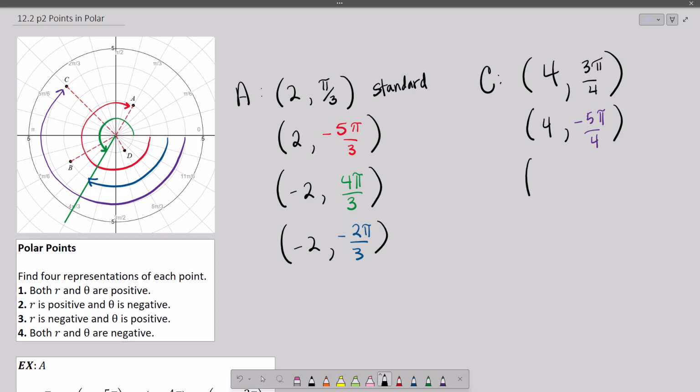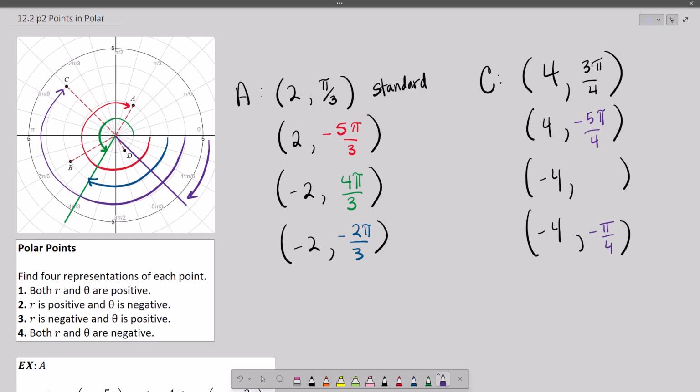Now let's pop some negative radial values in here. So negative radial value would mean that we need to land on this terminal ray right here. So what is this negative number there? Negative pi over 4. So that will be this super contrarian one.